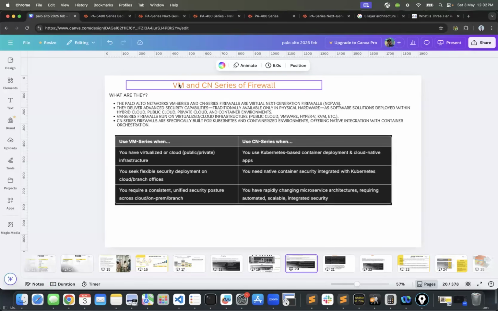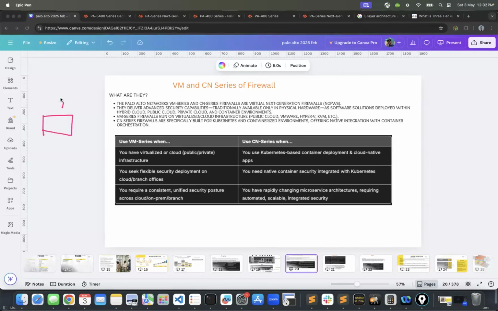It also gives flexibility. For example, you are using a PA series firewall in some location, an STP location or SEZ location. SEZ is government.